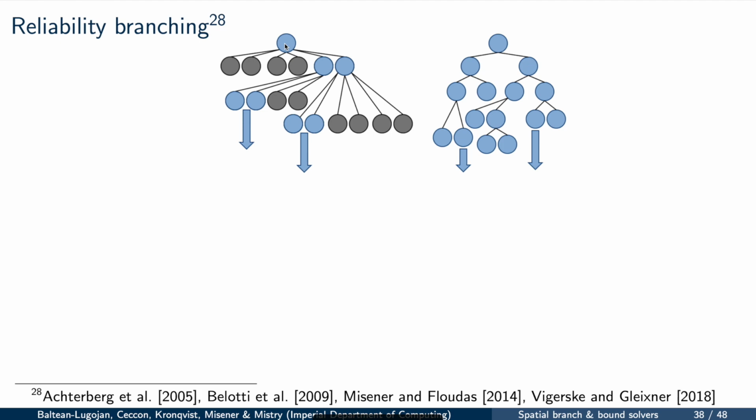I'm going to try branching on maybe X1, see what happens. Try branching on X2, see what happens. Try branching on X3. And then of X1, X2, X3, which is giving me the best improvement to the problem with respect to some metric? So which is improving the objective value the most or something like this? Well, let's say I'm going to select to branch on X3. Okay, now I'm going to think about maybe branching on X1 and X2.